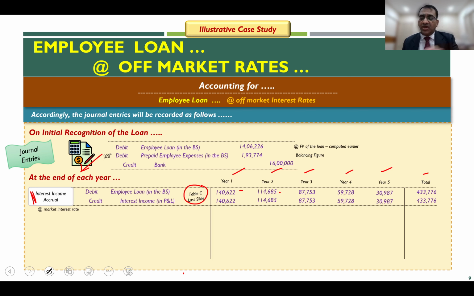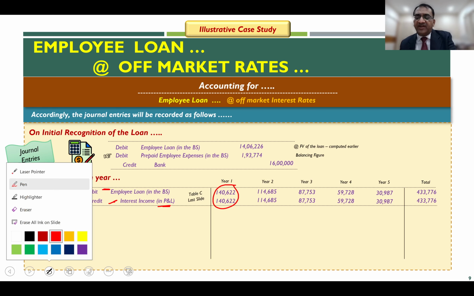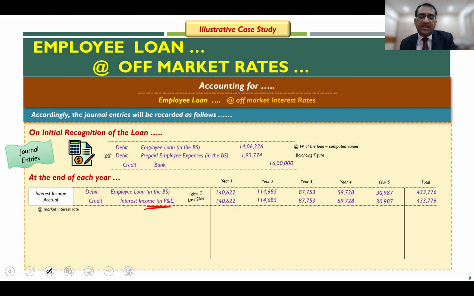If you bring the number from that table, the journal entry which you will record is, you will credit interest income in P&L and you will increase the value of your loan to the extent of the same amount. So for the first year, you will record an entry of interest income credit in P&L 146,222 and increase your loan outstanding. Same way, year number 2, 3, 4, and 5.